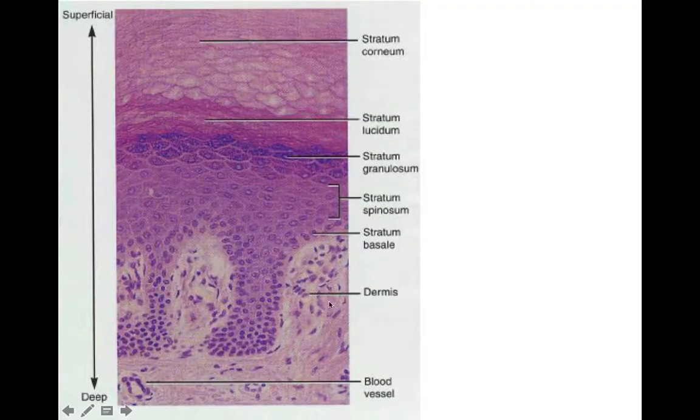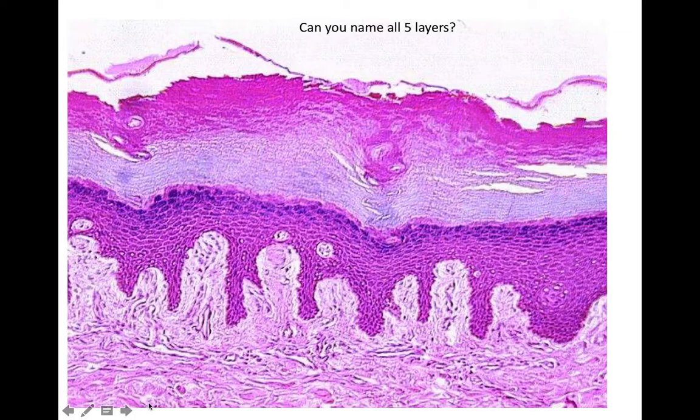So just a recap on here. By now you should know Stratum Basale, Stratum Spinosum, Stratum Granulosum. Here they're showing you Stratum Lucidum, only found where? Only have Stratum Lucidum in thick skin, and here's Stratum Corneum. So can you name all these layers? So what is this bottom layer? I'll tell you, this is thick skin. So there's going to be 5 layers in this one.